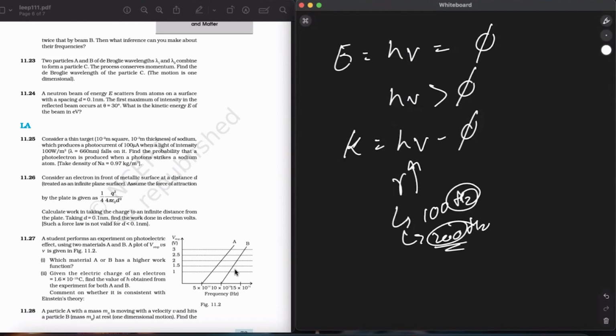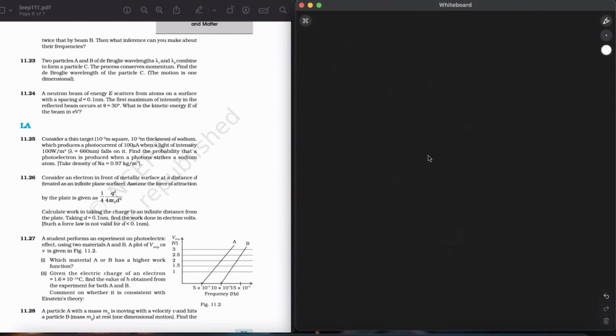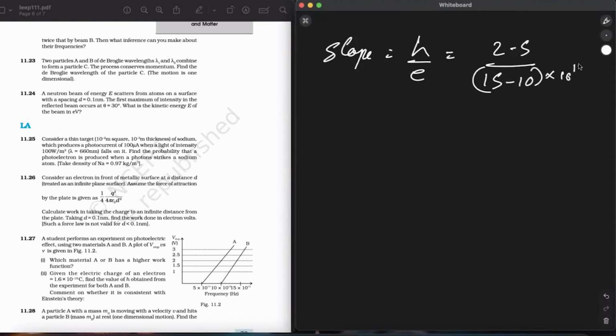Now the second thing. The next part says: given the electric charge of an electron, find the value of h obtained from the experiment for both A and B. For metal A, the slope will be h by e, equal to 2.5 divided by (15 minus 10) into 10 to the power 14. So we get 2.5 into 1.6 into 10 to the power of minus 19 divided by 5 into 10 to the power of 14.